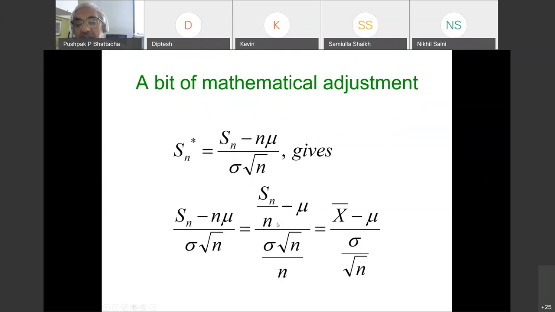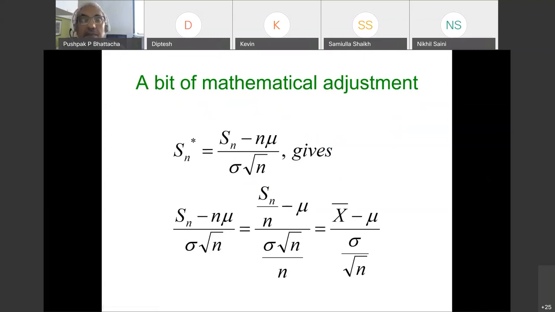Now Sn by n is nothing but the sample mean. The n variables have been obtained and they are divided by n. And mu is the population mean, divided by sigma by root n. So this quantity is also normally distributed with mean 0 and standard deviation 1.